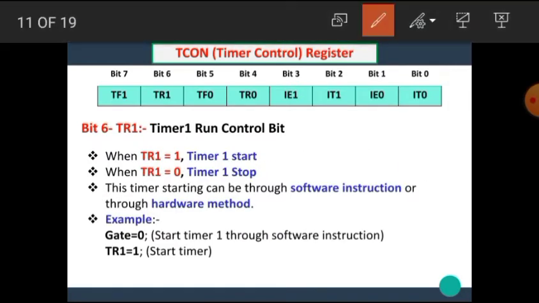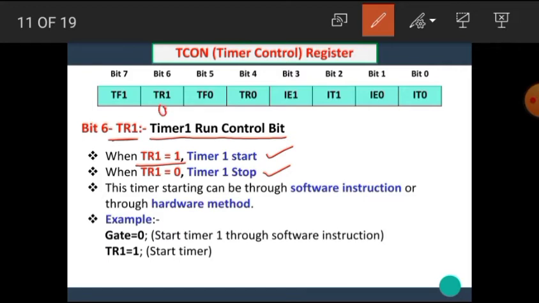The next bit is TR1. It is known as the timer 1 run control bit. When TR1 is equal to 1, timer 1 starts, and when TR1 is equal to 0, timer 1 stops. The very simple function of TR1 is that when the TR1 bit is set, timer 1 is enabled, and when this bit has value 0, timer 1 is disabled.